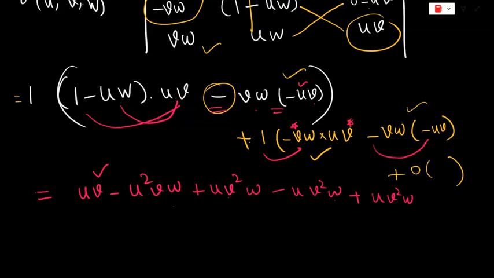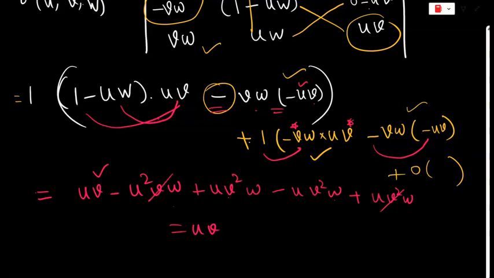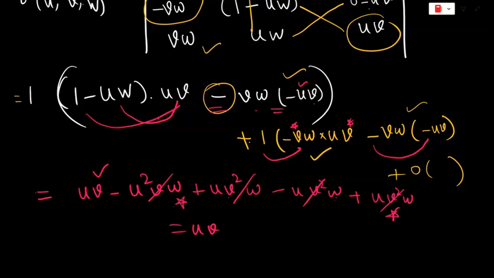Last term, this minus and minus will become plus uv square w. Now if you see, all these terms will get cancelled and you will get finally uv. So you have to be very careful when you are solving the problem, whether it's given directly in terms of one in another. So here we just converted and then we have solved it. And if you see here, this term is v square, this and this will get cancelled, and this will get cancelled. Thank you.